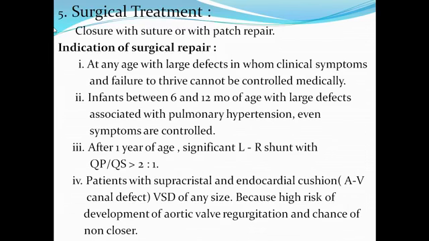After 1 year of age, significant left to right shunt with pulmonary to systemic resistance ratio more than 2:1. This is a condition for surgical repair.